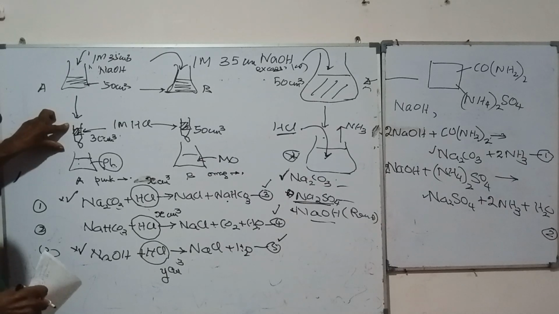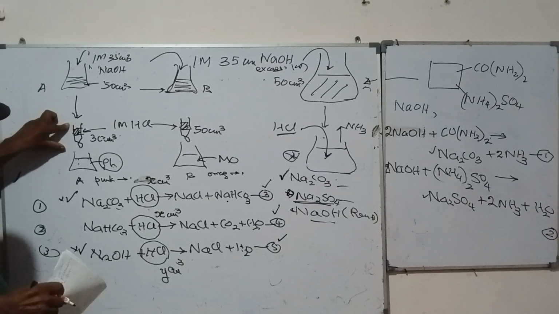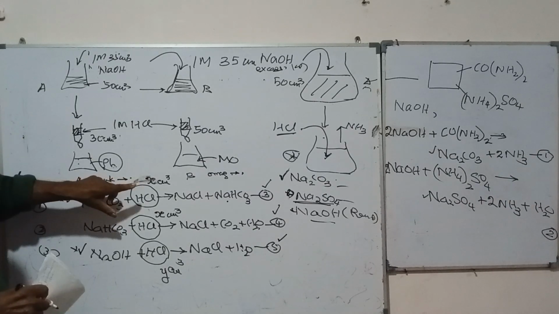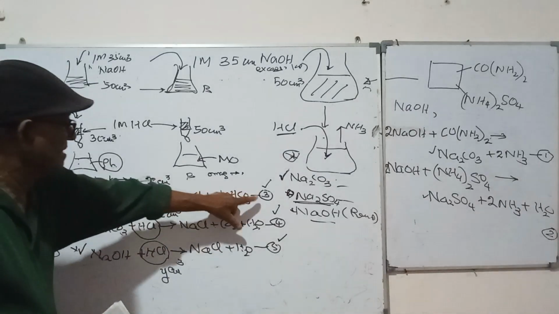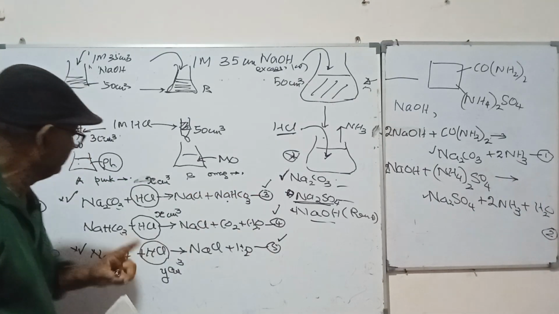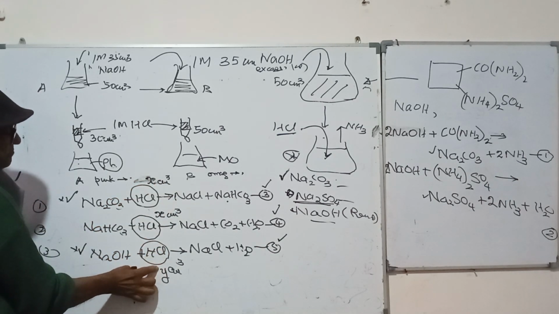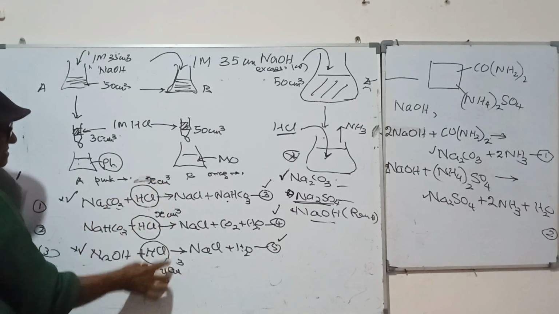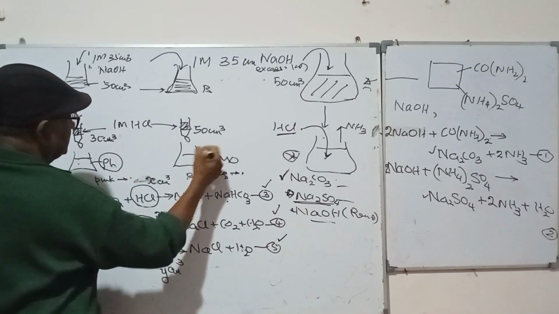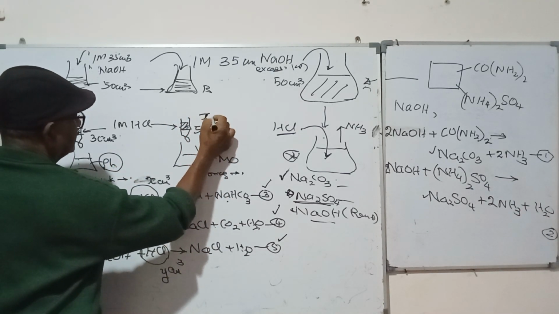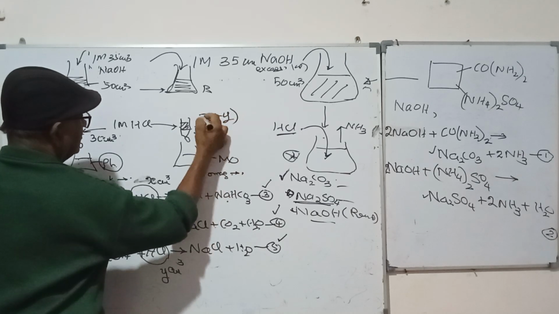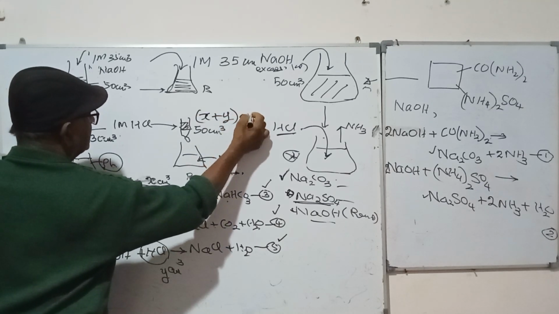In the first titration, reactions 3 and 5 occurred. Then the total HCl volume used is x plus y cubic centimeter.